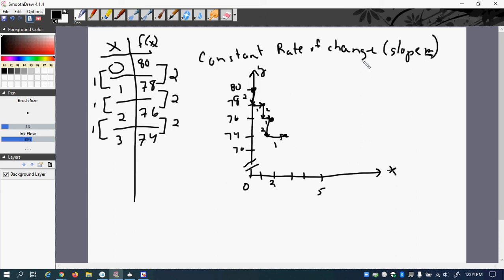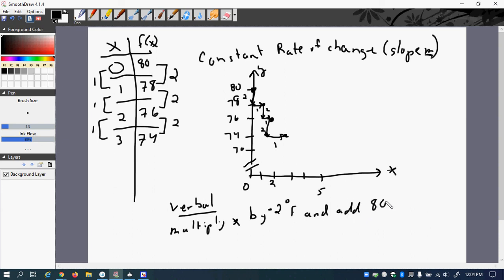And then I could say it in a verbal way. A verbal way of saying it is, let's multiply x by, let's say, minus 2 degrees, sorry, and then add 80 degrees Fahrenheit.